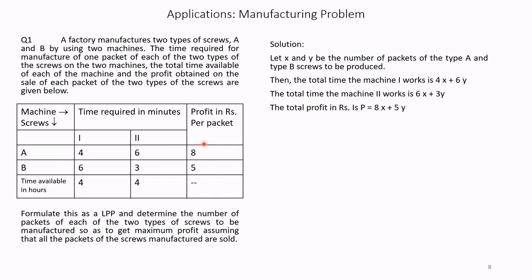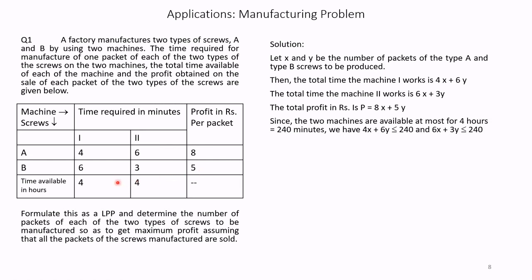Profit in rupees is 8 into x, where x is the number of packets produced of type A, and 5 into y for type B. So P is 8x plus 5y. Now we have to calculate the time taken by each machine.